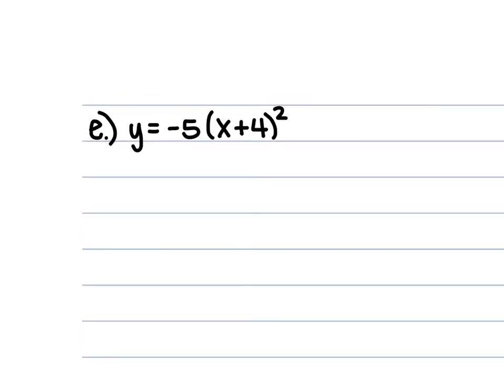What type of graph is this? Quadratic. Perfect. The squared tells us that it is a quadratic. What does this negative out front tell us?